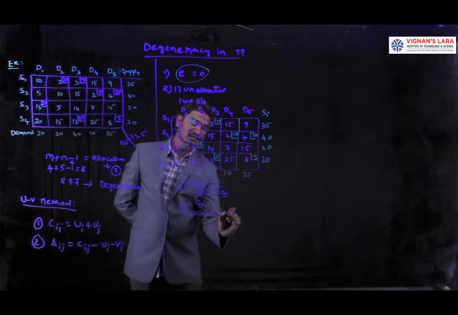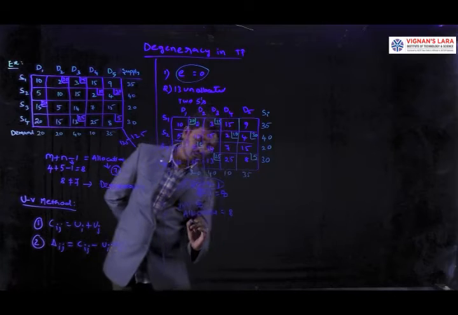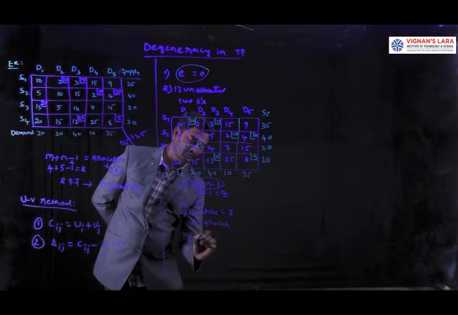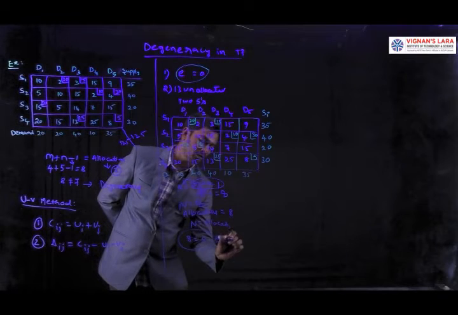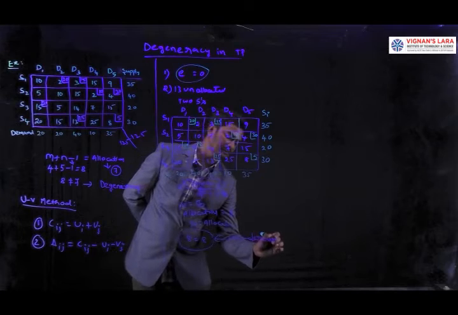Then the allocations are also 8: 1, 2, 3, 4, 5, 6, 7, 8. So N is equal to the number of allocations, 8 is equal to 8. So it is non-degenerate, and here we have resolved the degeneracy.